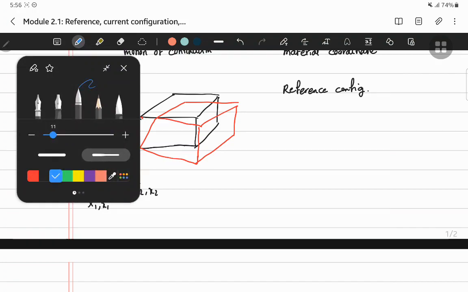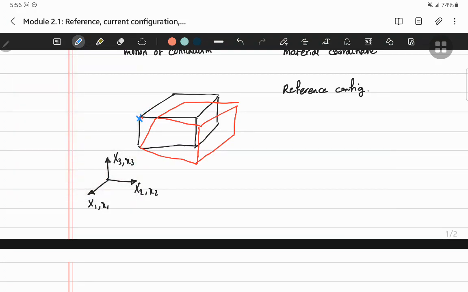So you say that your initial configuration, for example, for this node here, which was capital X, is now here. This is a small x. So the initial configuration is capital X at this point of this particle, for example, and this particle is here, and this is small x, and this is the current configuration.